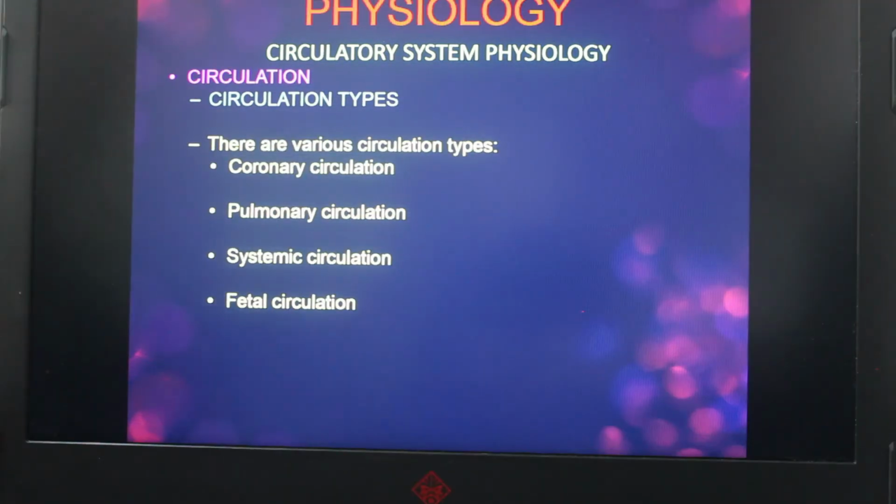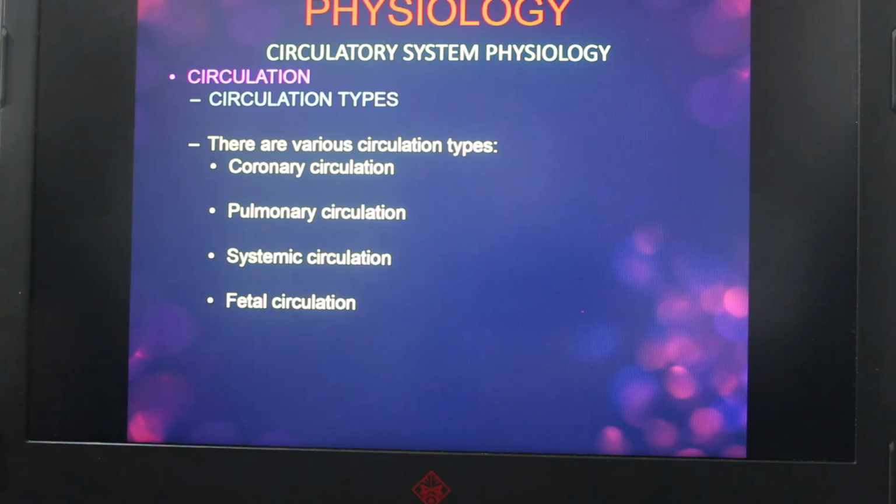As to the circulation types within the body, we have the coronary circulation, the pulmonary circulation, and the systemic circulation. Just for your knowledge, we also have a fetal circulation, which is a unique type of circulation that takes place while the baby is still in the uterus before it is born, and then it changes into standard systemic and pulmonary circulation.